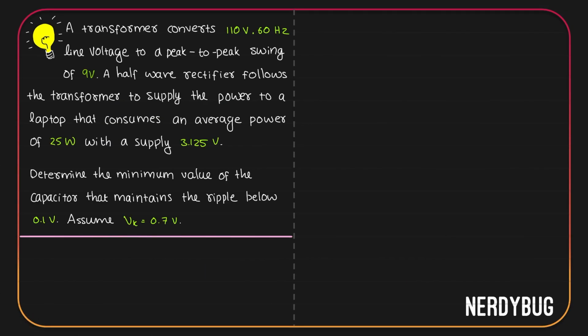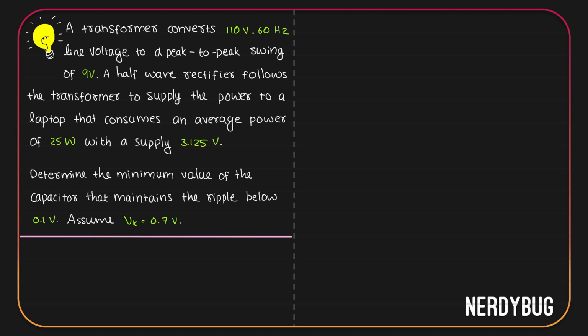Let us now solve a problem. We have a transformer that is converting a 110 volt 60 Hz line voltage to a peak to peak swing of 9 volt. There is a half-wave rectifier following the transformer. The half-wave rectifier supplies power to a laptop which consumes an average power of 25 watt with a supply of 3.125.